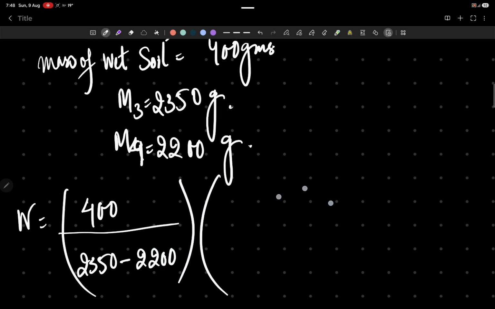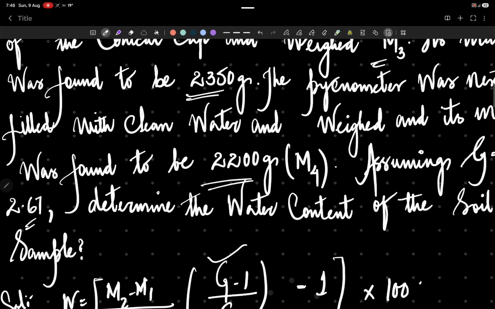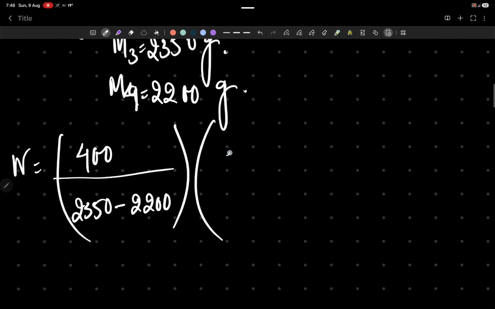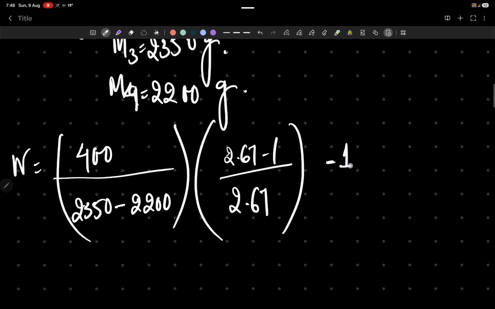G. Very important. Before knowing the specific gravity, we cannot make use of the picnometer method for the water content determination of soils, as already discussed, assuming G is 2.67. So here it will become 2.67 minus 1 divided by 2.67, minus 1 equation, multiplied by 100.